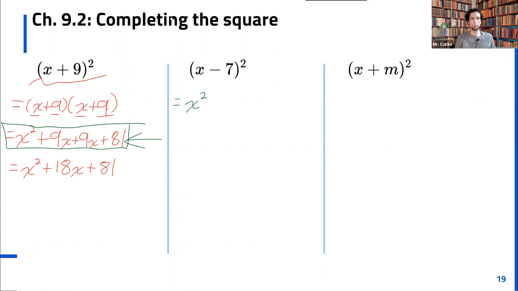Give me the equivalent of that for this one. Minus 7x. Okay, so minus 7x again. We're going to end up with 2 of them. And then plus 49. That's the 7 squared there. And then this is x squared minus 14x, 2 times 7, plus 49.